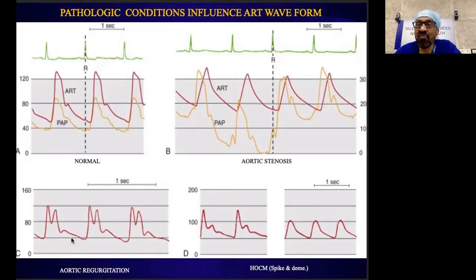In patients who have aortic regurgitation, there is a double peaking, which is called pulsus bisferiens. And in patients who have hypertrophic cardiomyopathy, there is a spike and dome pattern, as is shown in this picture.